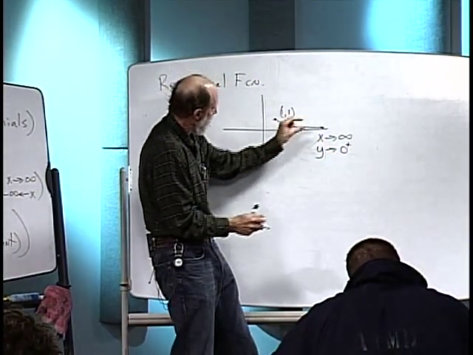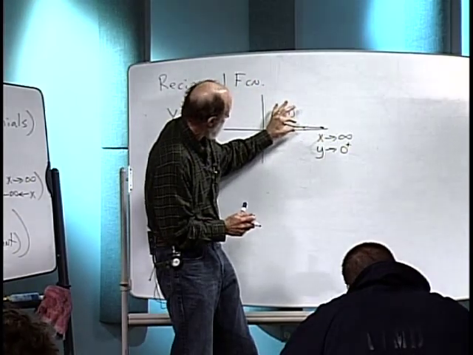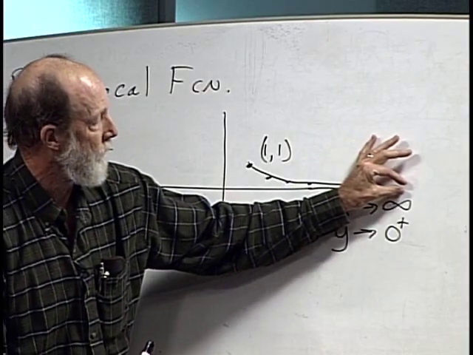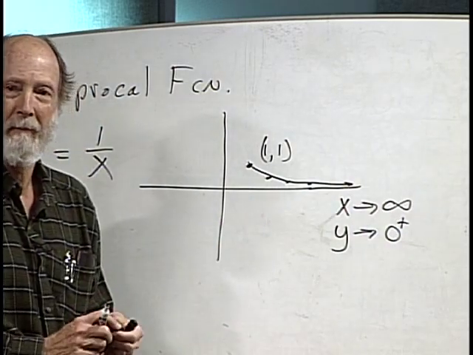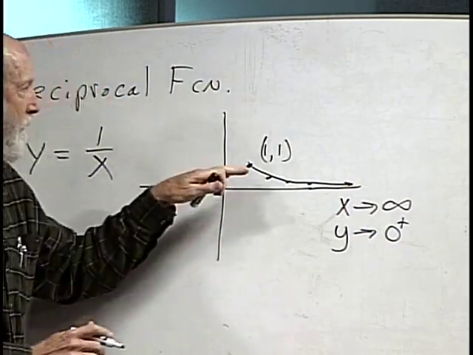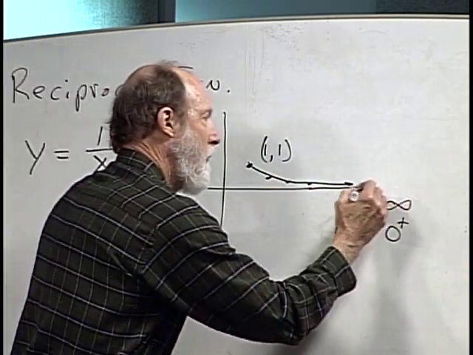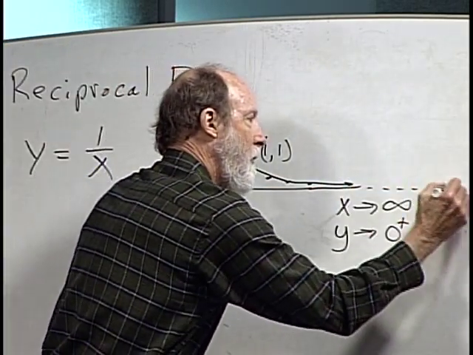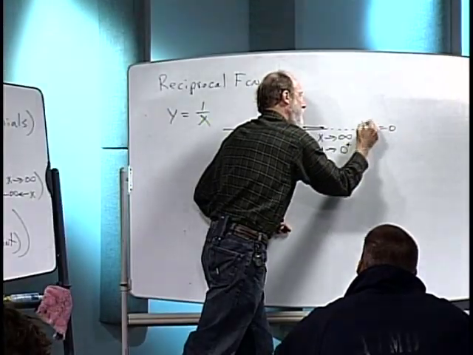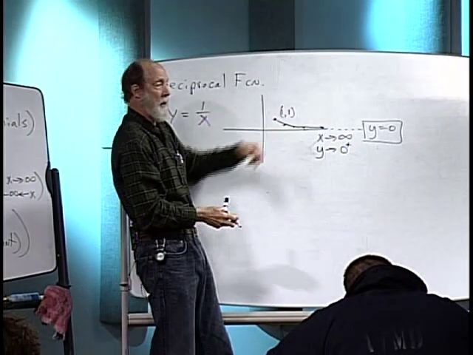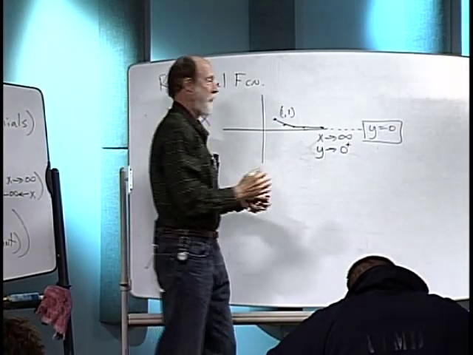On the graph it's like an airplane coming in for a landing; y becomes less and less the further out to the right you go. The graph is approaching that line, and the equation of that line is y equals 0. That's called a horizontal asymptote.